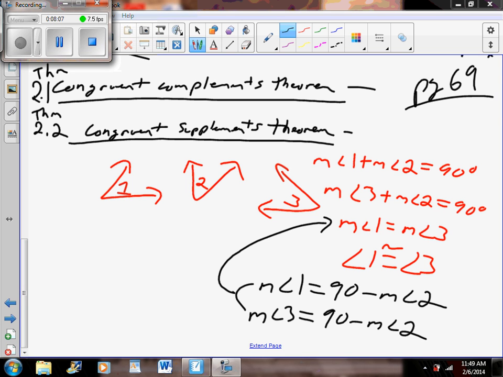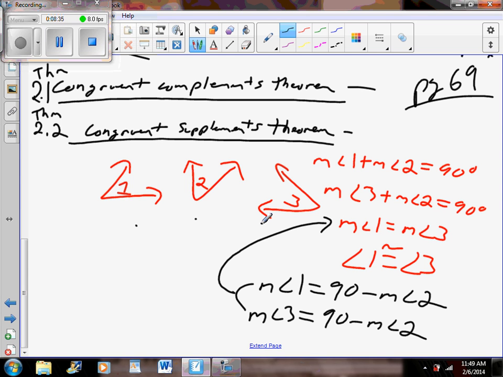Okay, so the congruent complements theorem. It says if you have 2 angles that are complementary to the same angle, they're congruent to each other. And here's an example of this. I drew these angles here, 1, 2, and an angle 3 here.